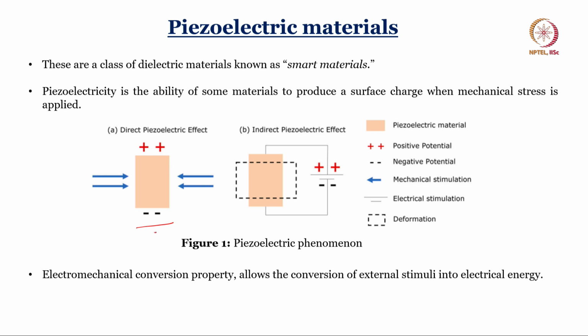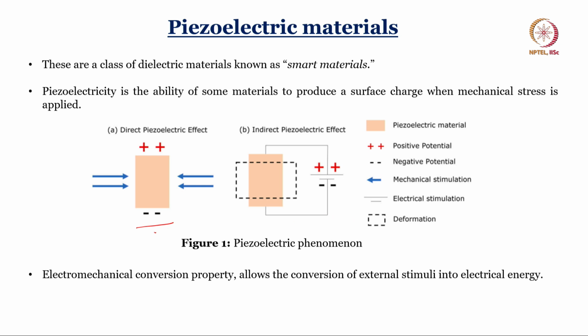Here there will be a conversion of electrical energy into mechanical energy, and in case of indirect piezoelectric effect, some sort of mechanical stress is applied on the material under which the deformation in the material takes place that leads to the piezoelectricity. And here in indirect piezoelectric effect, the conversion of mechanical energy into electrical energy takes place.